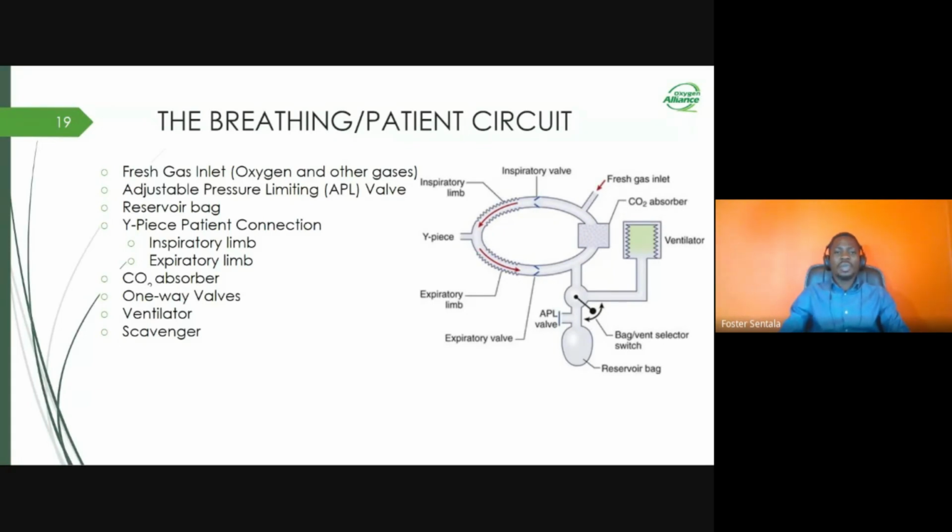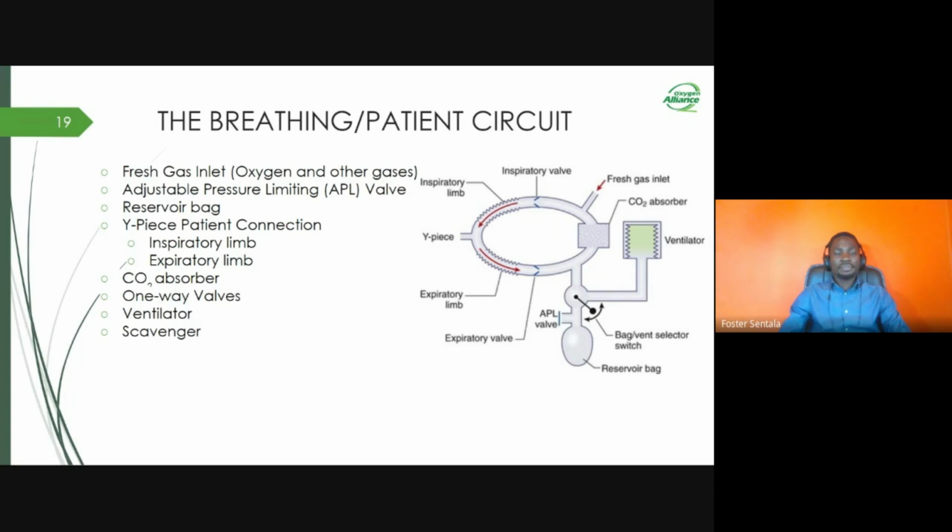In cases whereby you have high pressures building inside this circuit, this valve is used to release that excessive pressure to prevent the patient from being harmed. This is also where you connect a scavenging system just to control how you are excreting the gas from the machine to the atmosphere.